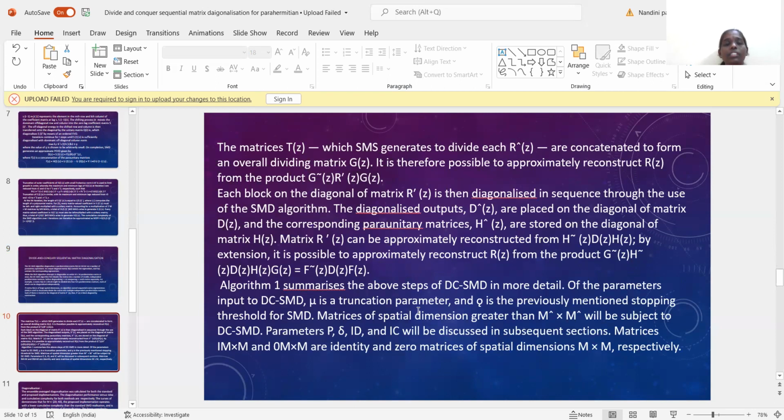The matrices T(z), which SMS generates to divide each R(z), are concatenated to form an overall dividing matrix G(z).